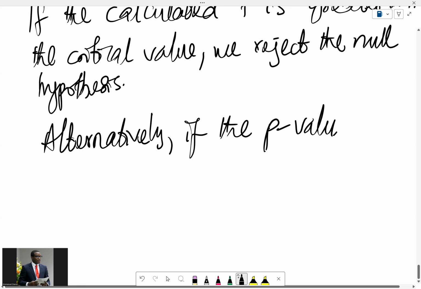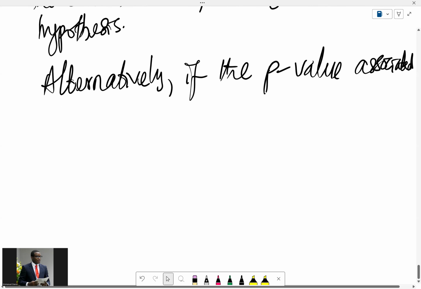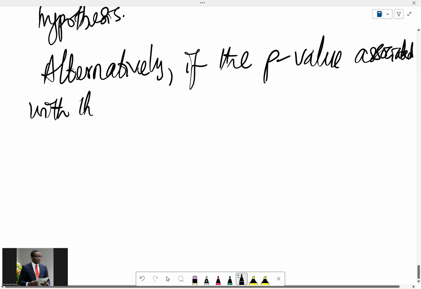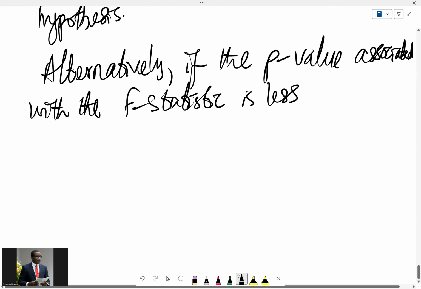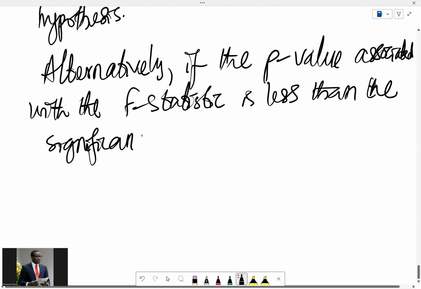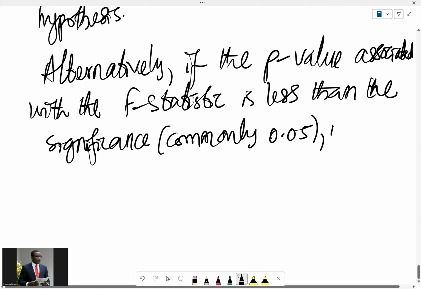If the p-value associated with the F statistic is less than the significance level, which is commonly 0.05, though it doesn't have to be, in that case we reject H naught.